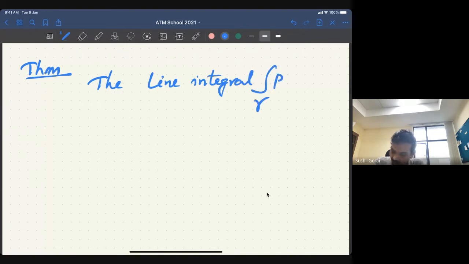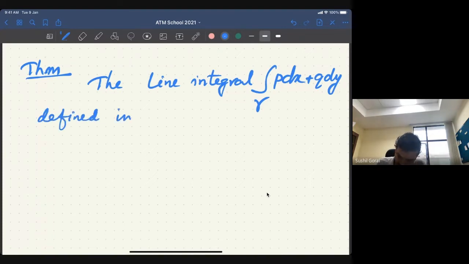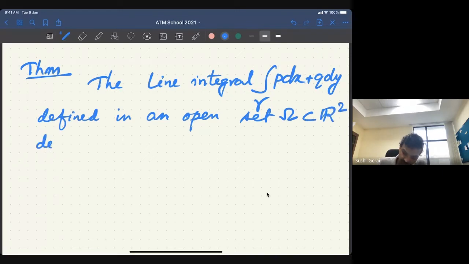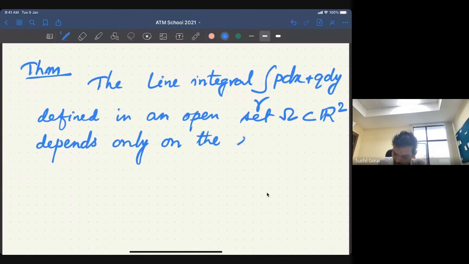Here p and q are defined in an open set omega in R2, and the integral depends only on the endpoints.